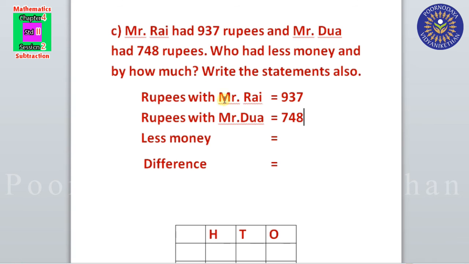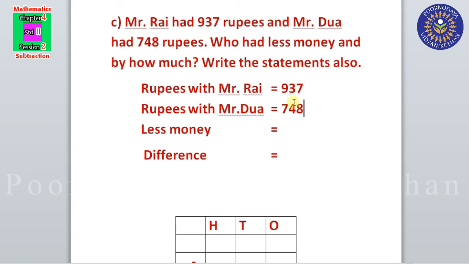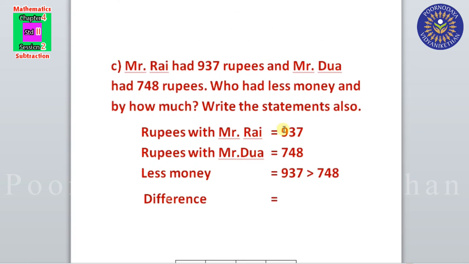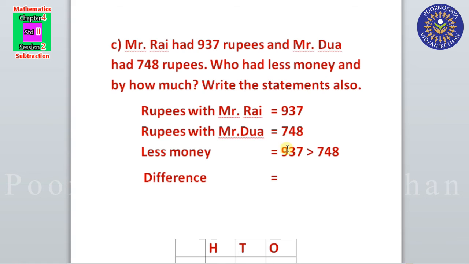For finding this, we have to compare these two numbers. How can we compare? Yes, look at the hundreds place. 9 and 7. We know 9 is greater than 7. So, we can write 937 is greater than 748.